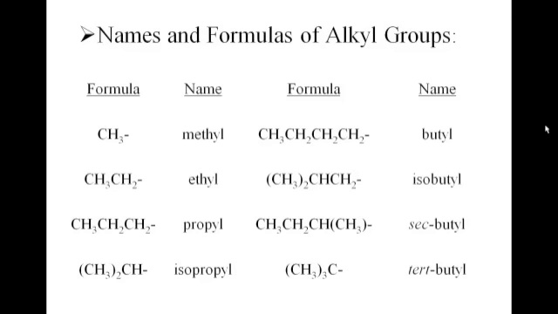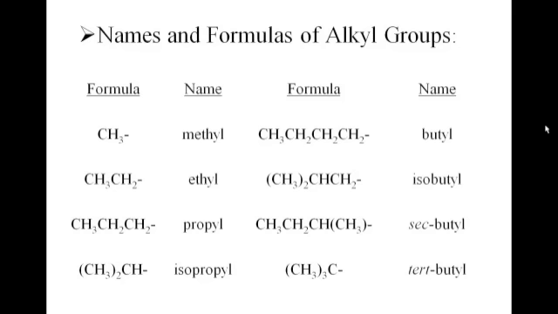So you use those same prefixes that you use to name the normal alkanes, and the branched substituents also have some special names. So we're going to talk right now about the unbranched substituents, and we'll talk a little bit later in another video about those branched substituents that you're seeing here.